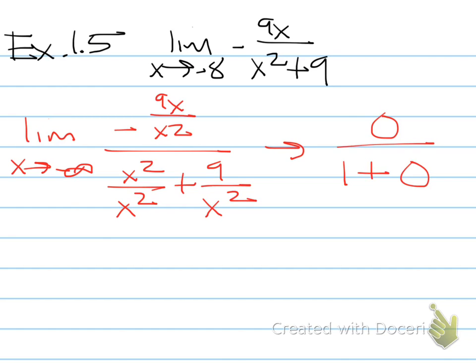And the limit as x approaches infinity or negative infinity of a constant over a variable to a power greater than 0 is always going to be 0. So the numerator is going to be 0. X squared over x squared is just 1. And then the limit as x approaches infinity of 9 over x squared is going to be 0. So 0 over 1 is 0.